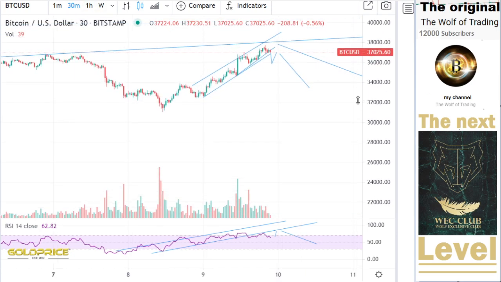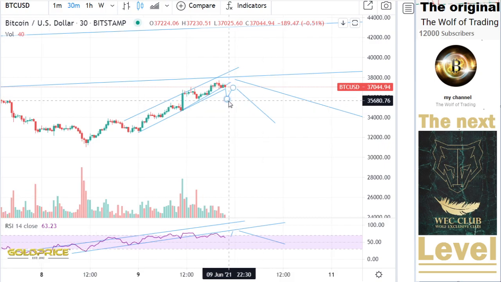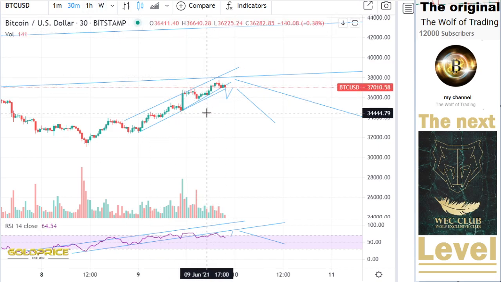We have here a positive trend to the top side, but once we break this to the downside, only one time to come back to 35,000 levels or 36,000 levels, then we have a problem with the Bitcoin price.